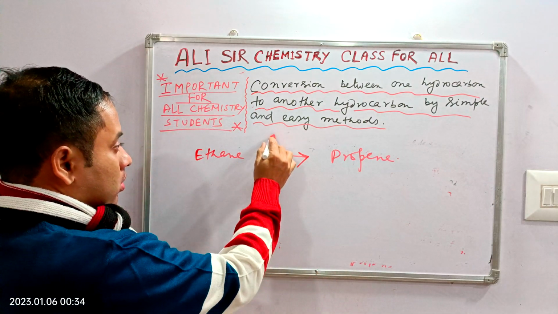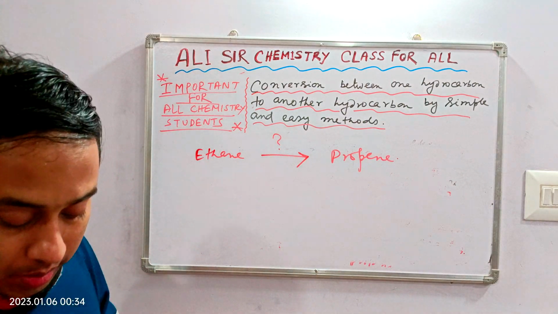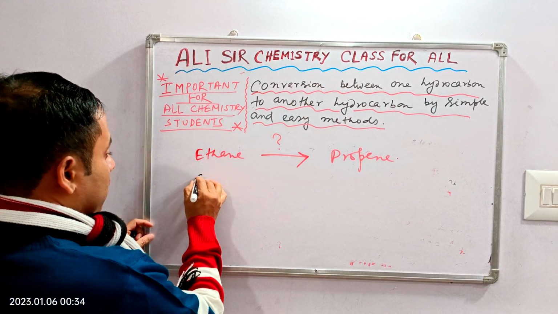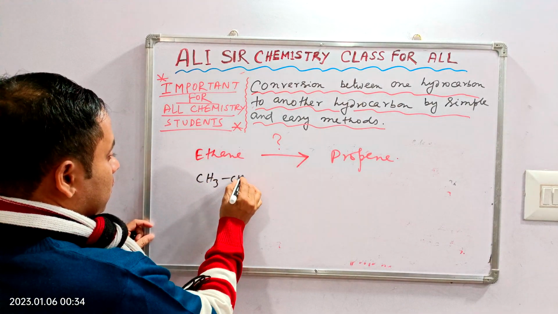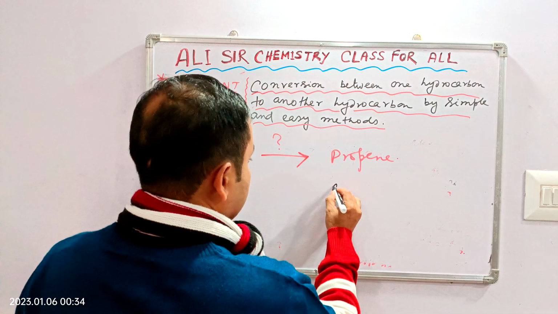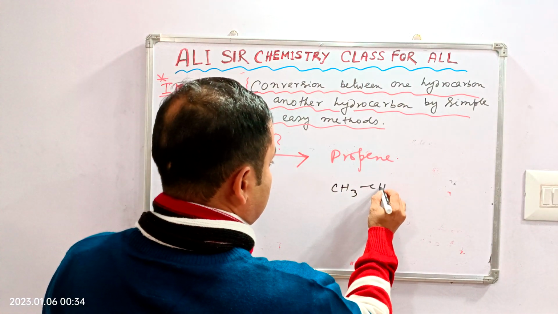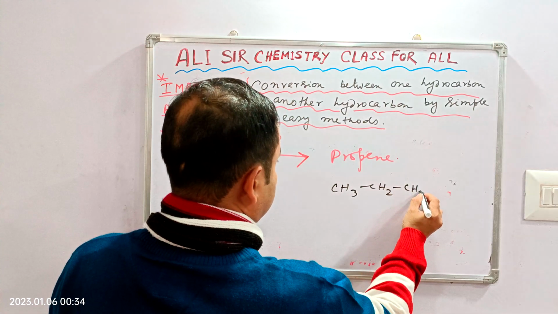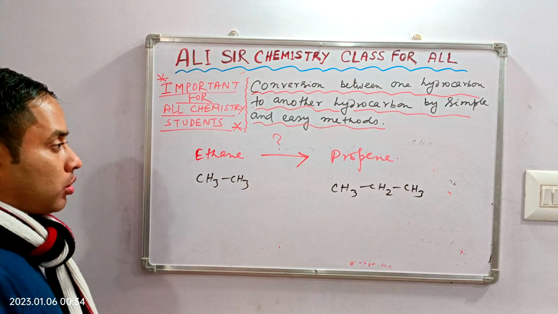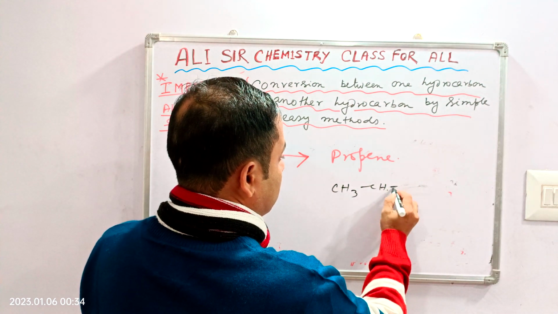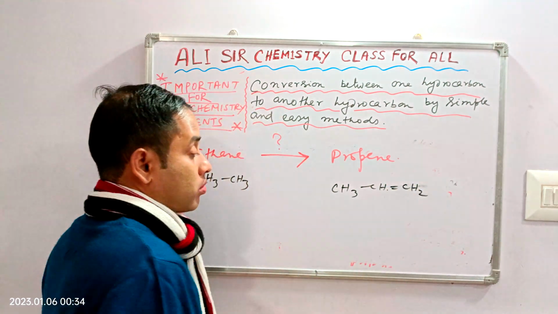No problem. There is no problem about that. Just write down the structure and the problem will be solved. Ethane CH3, CH3 and propane CH3, CH2, CH3. Sorry, propene CH3, CH double bond, CH2.